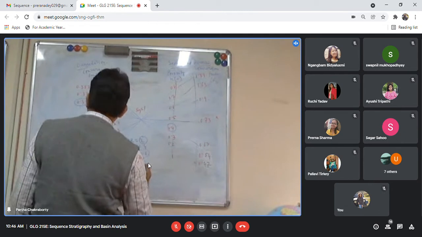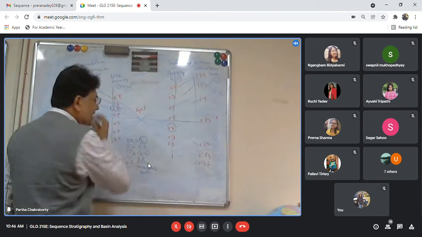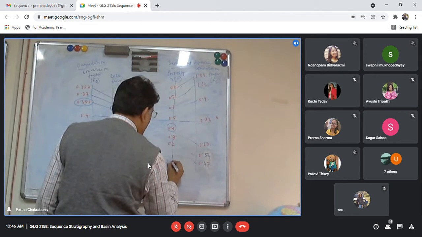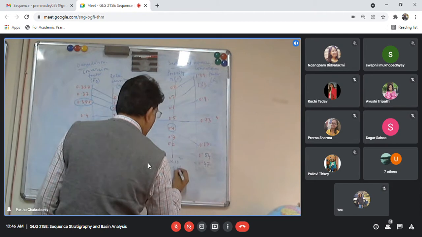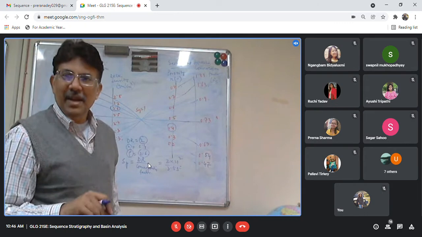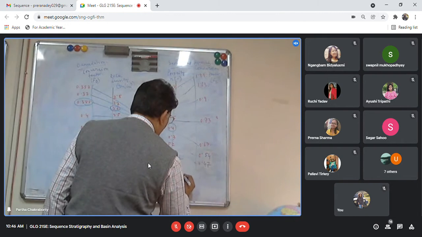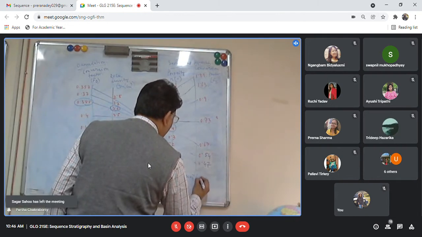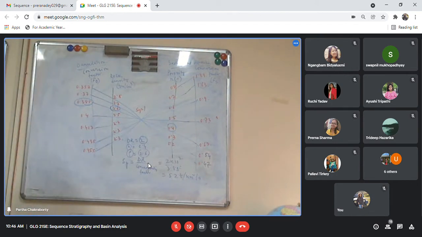So DR divided by the corresponding factor related to 2.6 density: 2 into 10 to the power 2 divided by 3.85, because it is multiplied by 10, and that will be 5.2 tons per kilometer square per annum. That will be the specific yield. Am I clear?